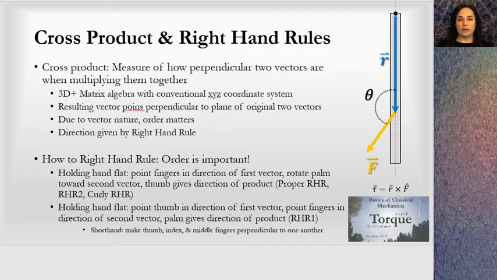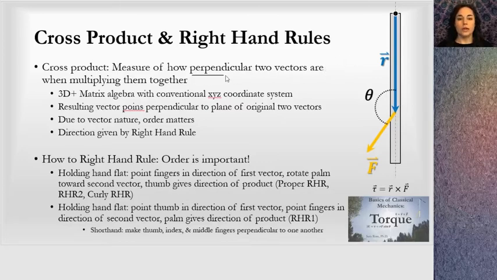Another thing mathematically that we need to talk about is the cross product and how right-hand rule works. This is typically something taught in calculus class as you look at calculus on vectors. And the cross product is a measure of how perpendicular two vectors are when you multiply them together. There's also the dot product, which asks how parallel two vectors are.